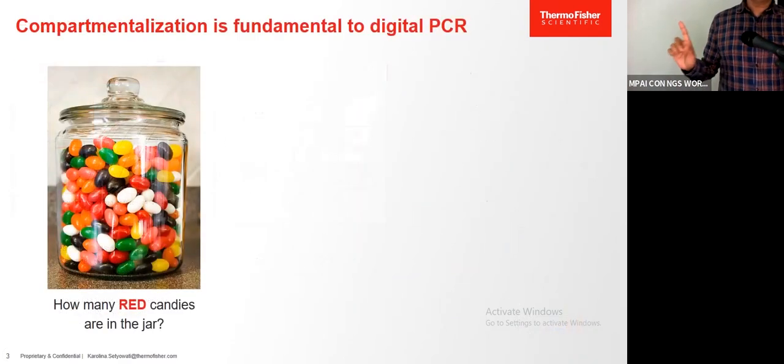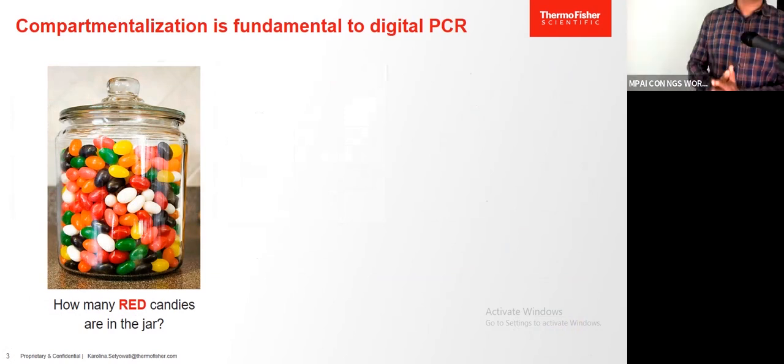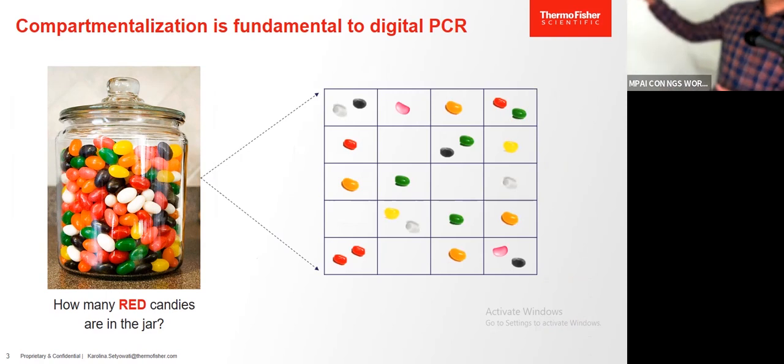I just want to ask you one question. Can you tell me how many red candies are there in this particular jar? I understand it's really difficult to find out. But suppose I make compartments and throw all these candies onto them, then we get something like this.